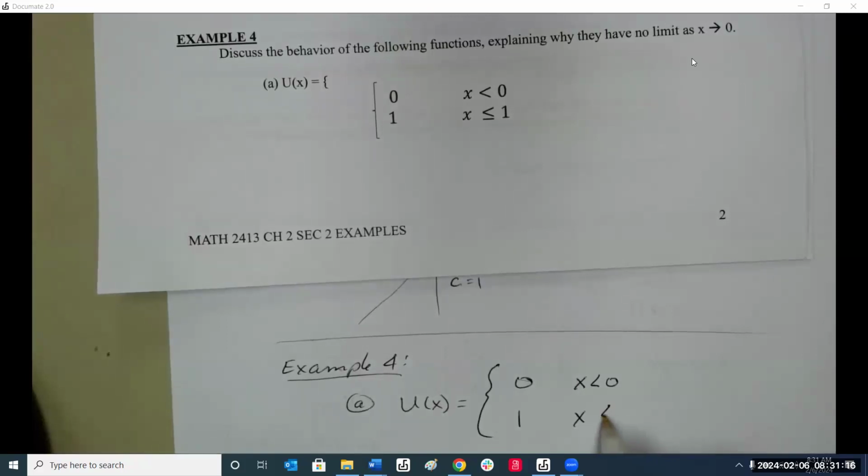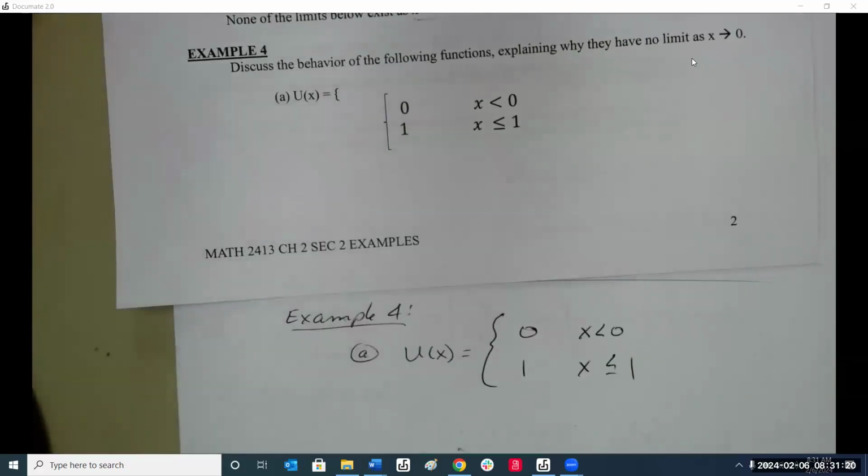So if we graph this function, what would it look like?